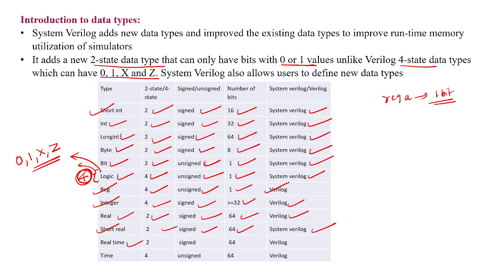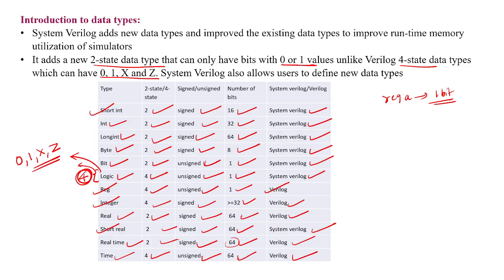Real time is two state, signed, maximum size 64, used in Verilog. Time data type is 4 state, unsigned, with a default size of 64 bit, used in Verilog.